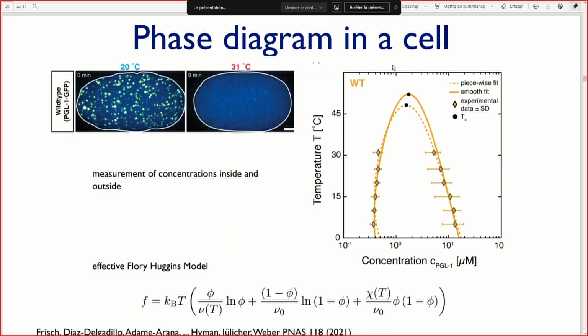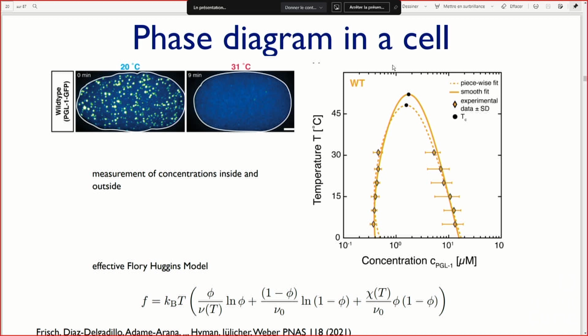And one can even measure something like a phase diagram. Here you see, as a function of temperature, the concentrations measured of this fluorescent component outside the droplets and inside the droplets at different temperatures. And this is like a binodal of an equilibrium phase separation.